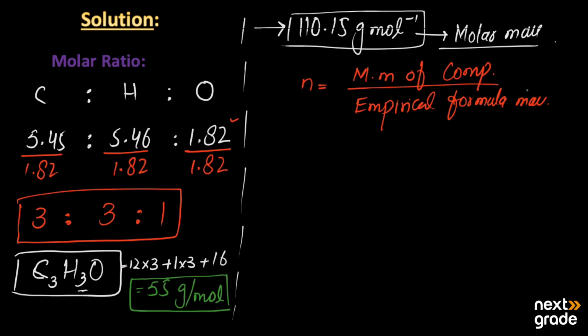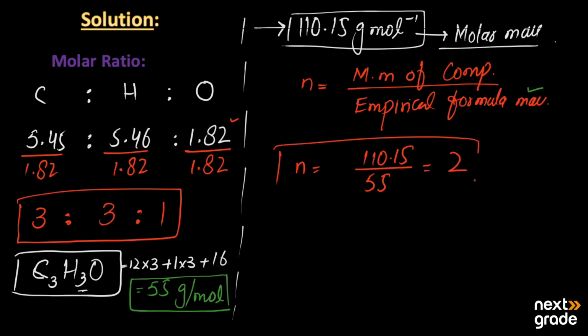This is the empirical formula mass. Now to find the value of N, the molar mass of the compound 110.15 divided by 55 gives 2. It means the value of N is 2.